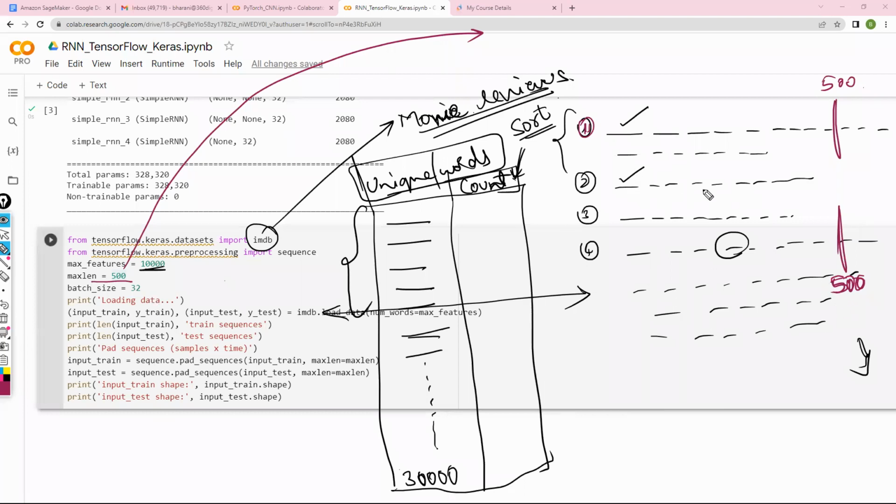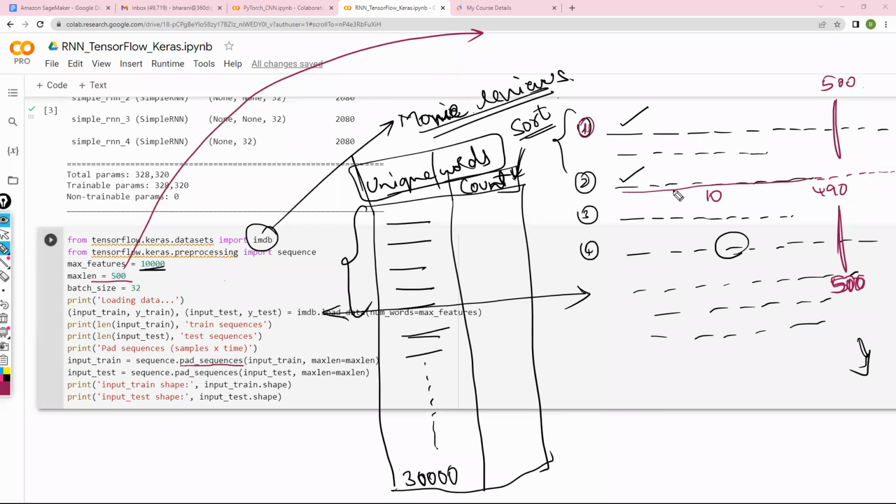But what if I have a review of some 10 words? To get 500, you need to add another 490. You do padding. That means you put all zeros. That's called padding.